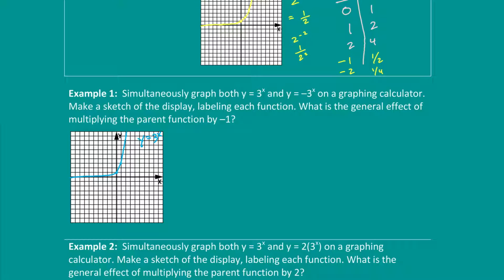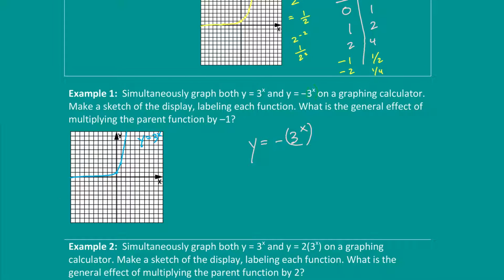As opposed to y equals negative 3 to the x. Well, just like all of our other transformations, if you put a negative there, it's just going to flip it vertically. So it's not negative 3 to the x, it's 3 to the x and then the negative version of that. That's one thing you have to be careful of: at least by the order of operations, we would treat the exponent first and then make the negative of it.